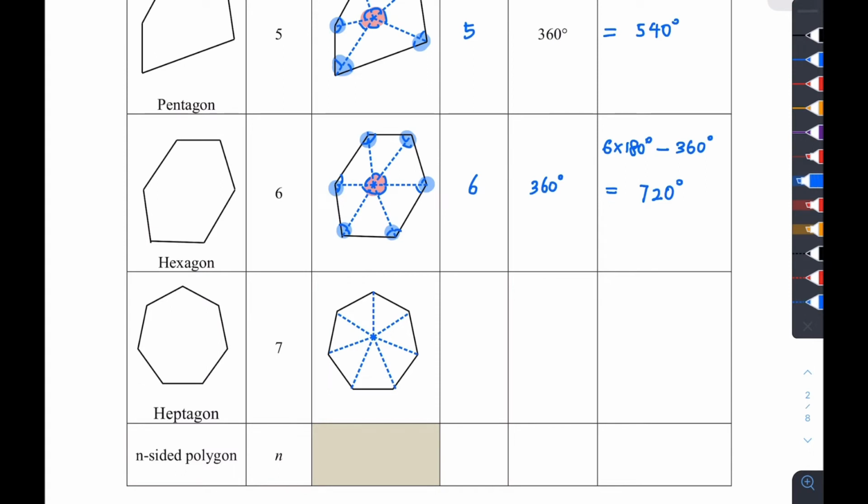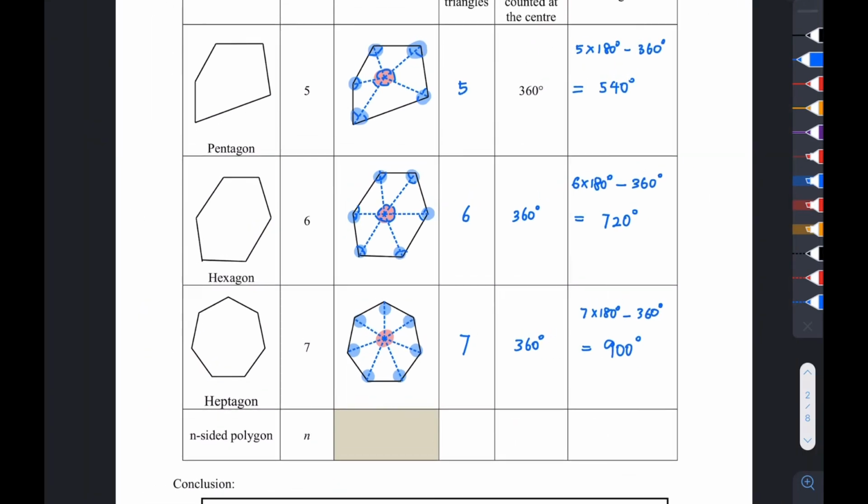So we want all these angles at the corner, and we don't want the angle in the middle. So we have 7 triangles minus off your 360 degrees. So 7 times 180, minus 360 degrees. It's going to be 900 degrees.